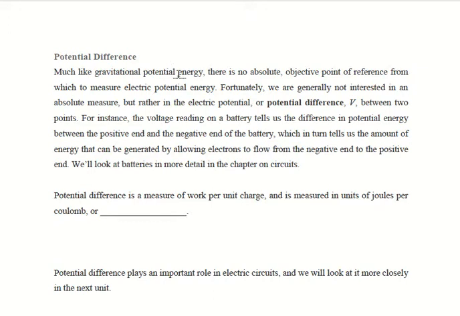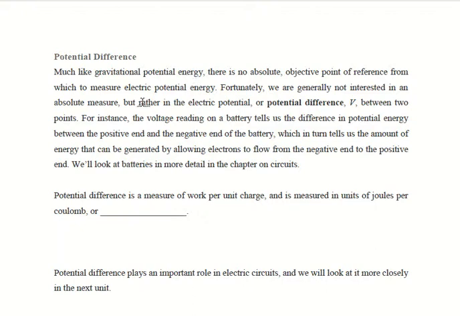Like gravitational potential energy, there's not really any certain point that we have to measure it from. And in the same way, we don't have to do that with electrical potential energy either. There's no certain zero, there's no certain value of 100 joules, anything like that.